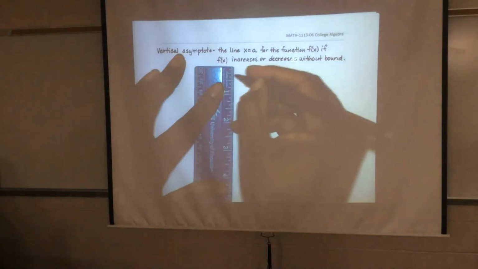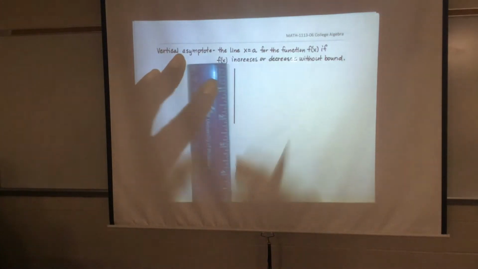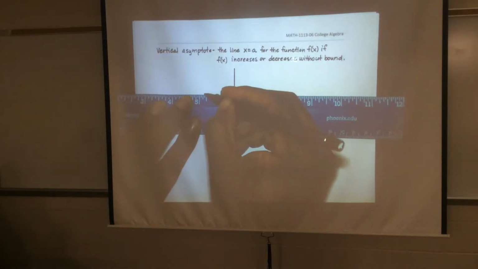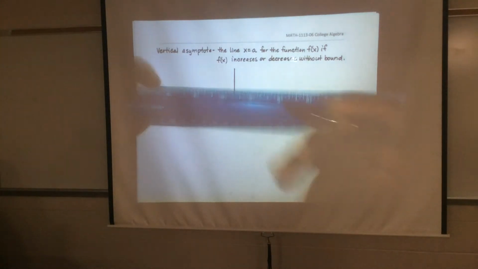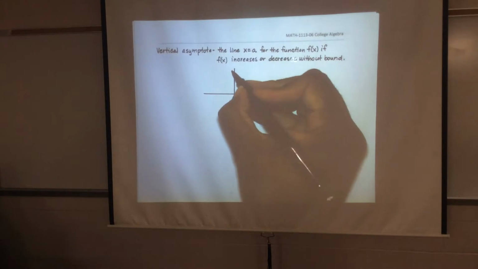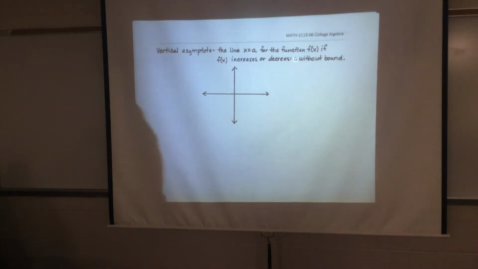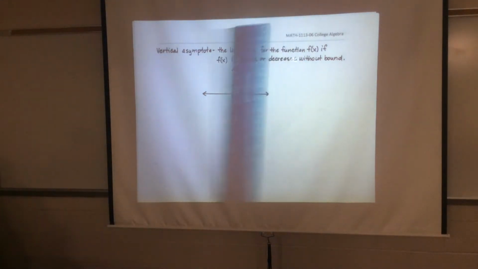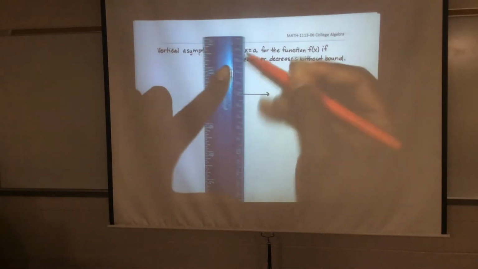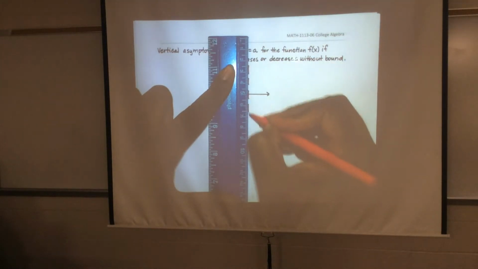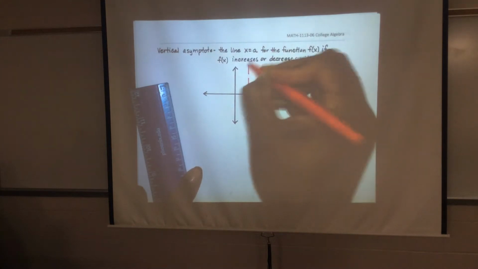Let me draw an illustration of what a vertical asymptote would look like for a graph of some rational function. Usually the vertical asymptote will be a vertical dotted line, something like this. Here it is. That's what the vertical asymptote would look like.